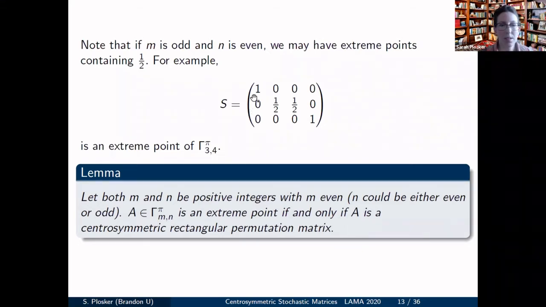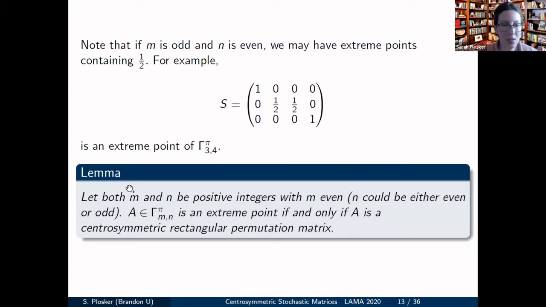So for example, this 3x4 matrix S, this is stochastic and it's centrosymmetric, but there's no way of getting rid of those 1/2s without compromising the fact that it's stochastic or without compromising the fact that it's centrosymmetric. So we'll see these 1/2s popping up whenever m is odd.